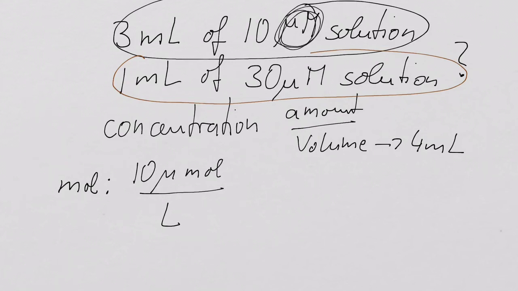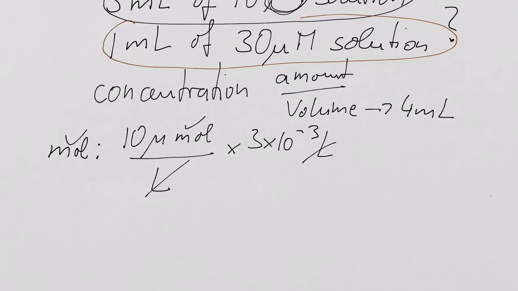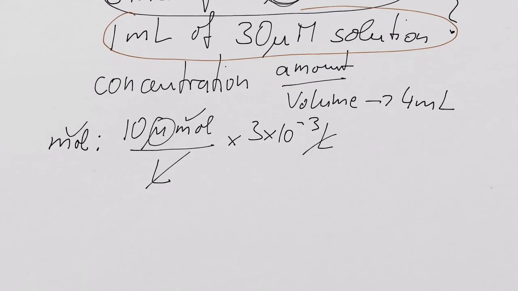And the mole here is okay. What do I do with the liters? Times 3 times 10 to the minus 3 liters, so the liters cancel out. Probably need to write it a little bit nicer with the micro.